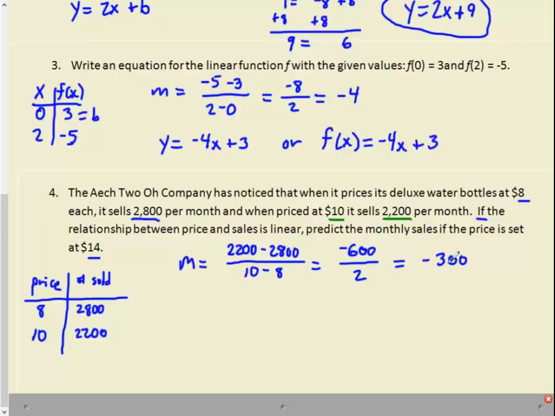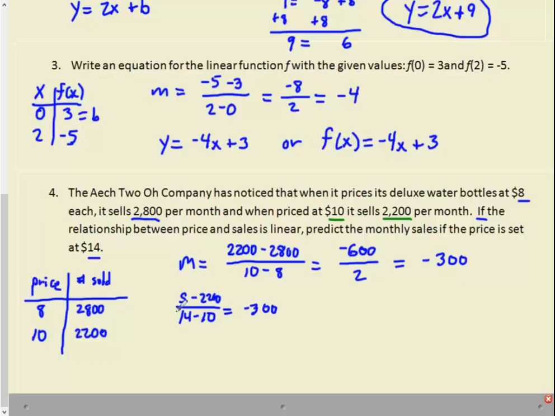Since we already know the rate of change, you could just look at how far we're going from 10 to 14. We want to know the number sold, so I'll put S for sales minus the number that we sold at 10, which was 2,200. We know that has to equal -300.